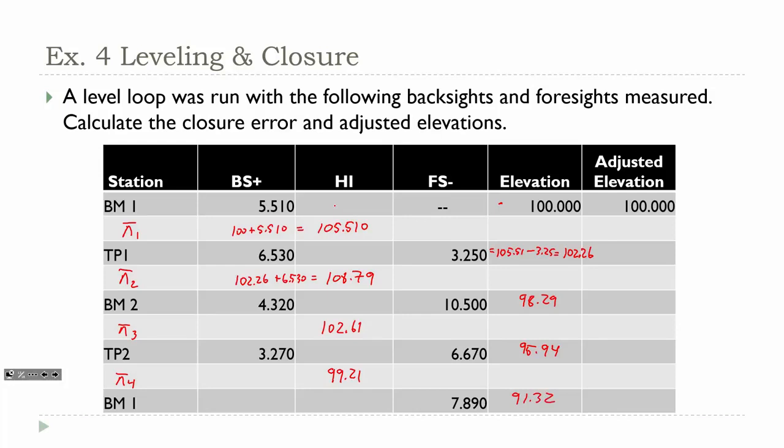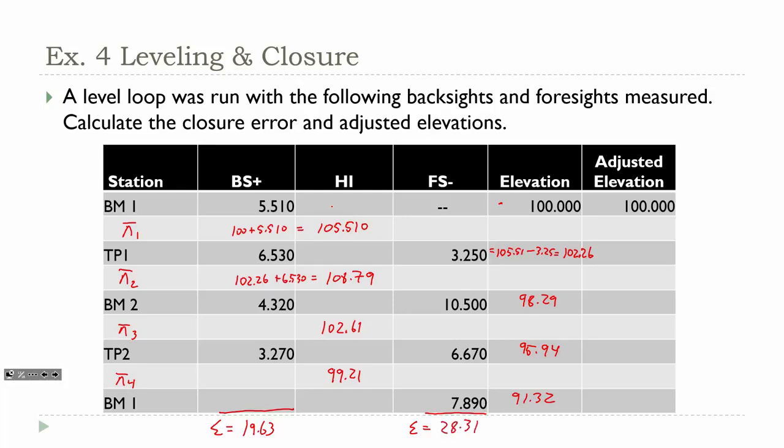So we'll check Jacob's math. We can now sum the backsights: 19.63. And the foresights: 28.31.